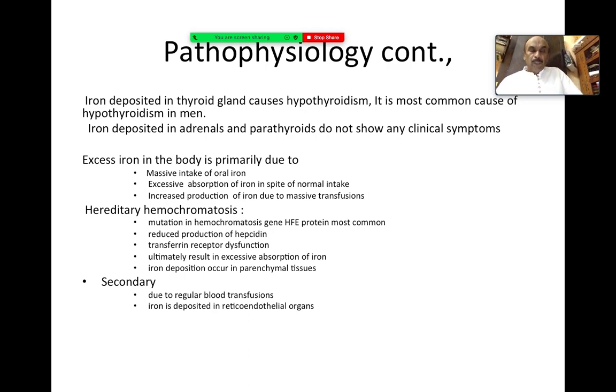Coming to the hereditary hemochromatosis, it is because of the mutation in the hemochromatosis gene that is called HFE protein gene. The mutation in this gene is going to cause the reduced production of hepcidin and dysfunction of the transferrin receptors, together leading to increased absorption of iron across the brush border of the intestinal epithelium.